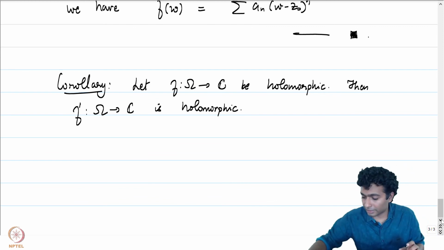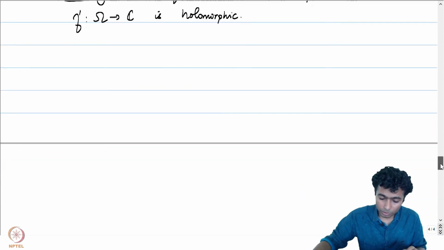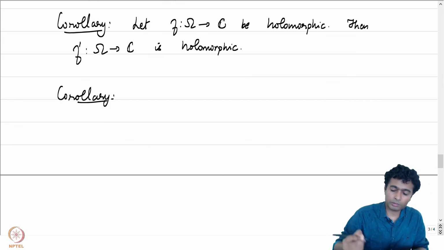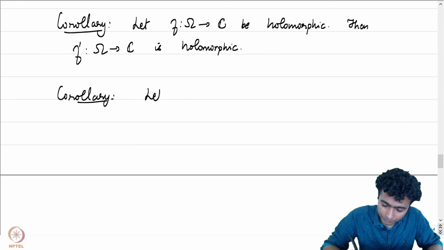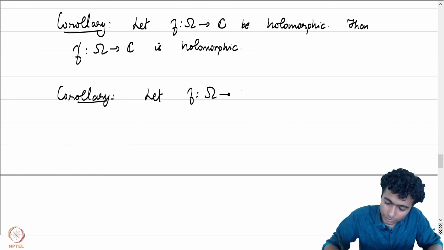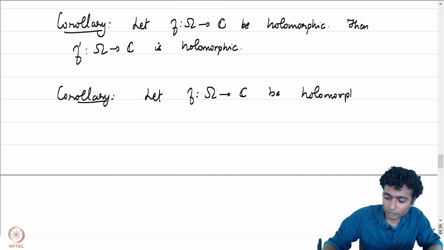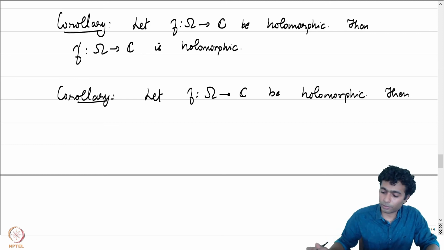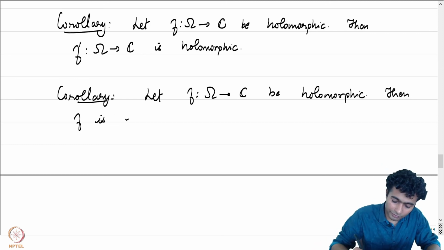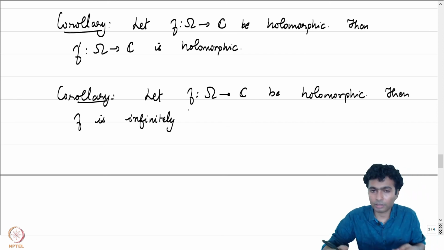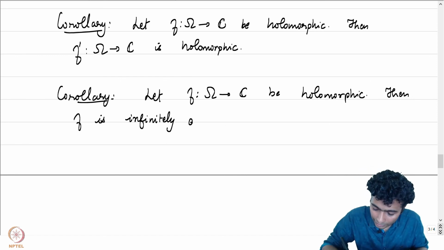And because it's complex analytic, let me give you one more corollary which says that a holomorphic function is infinitely differentiable. Let f from omega to C be holomorphic, then as a function from a subset of R2 to R2, f is infinitely differentiable. All partial derivatives of every order exist, and hence it is infinitely differentiable.